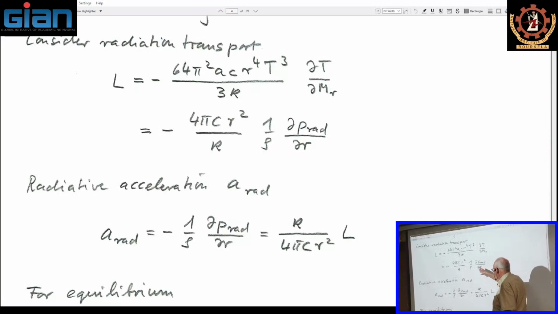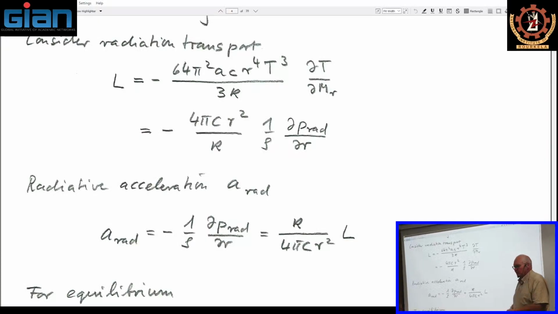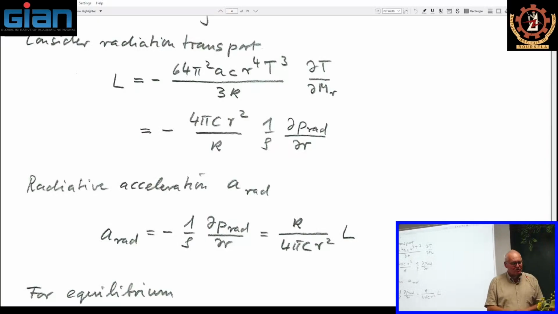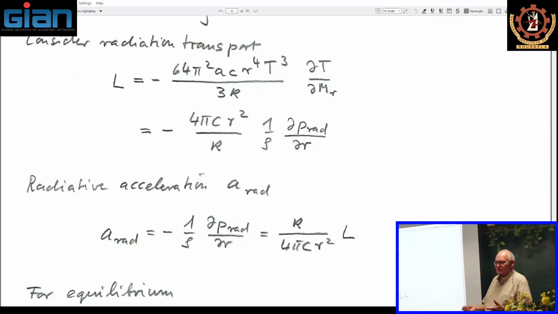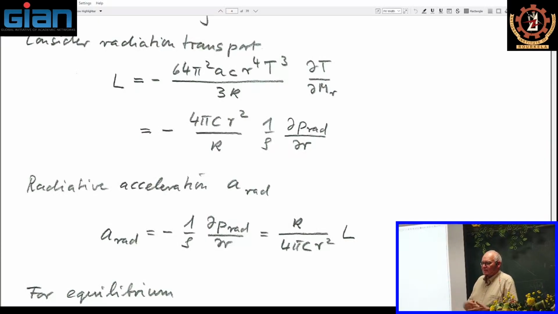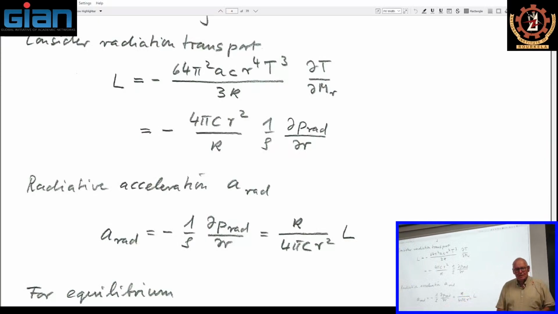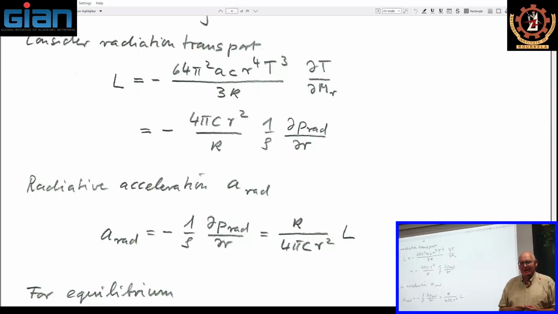And we read off from this equation that it's given by kappa over 4 pi c r squared times the luminosity. Now, there is not only the gradient of radiation pressure, which needs to balance gravity in an equilibrium situation. The total pressure gradient balances gravity, and it contains not only the radiation pressure gradient, but also the gradient of gas pressure.